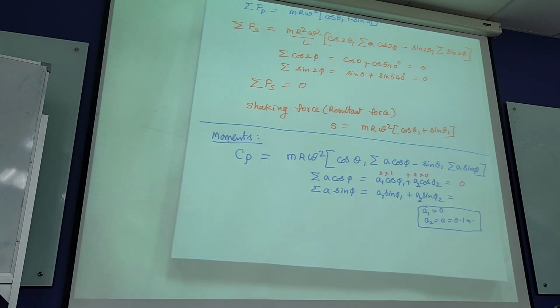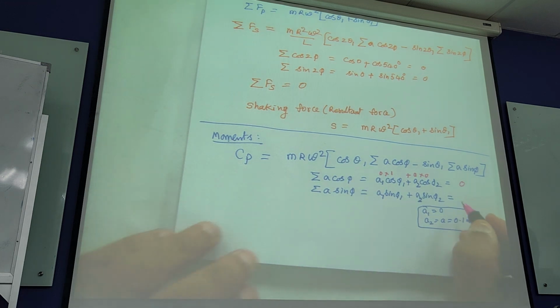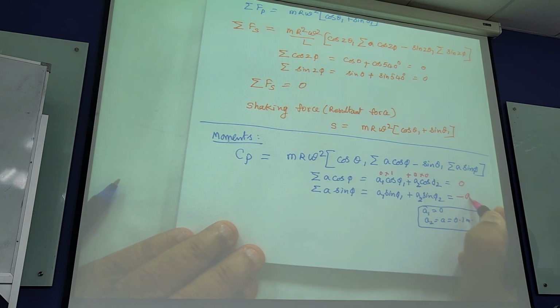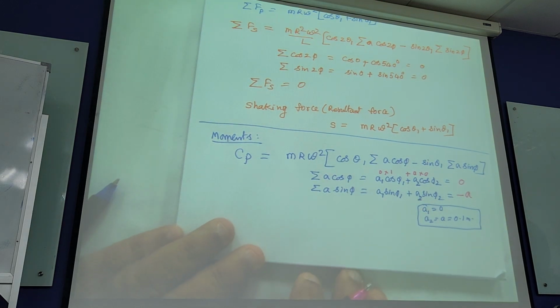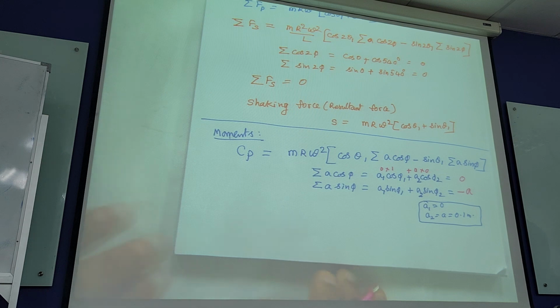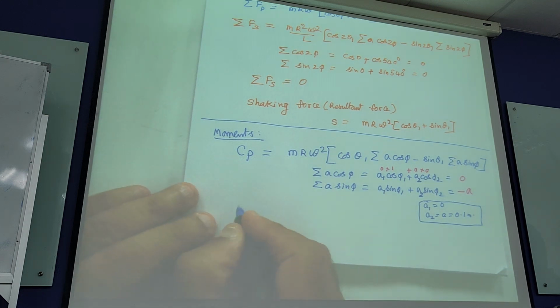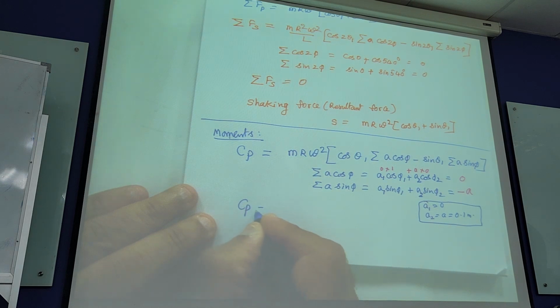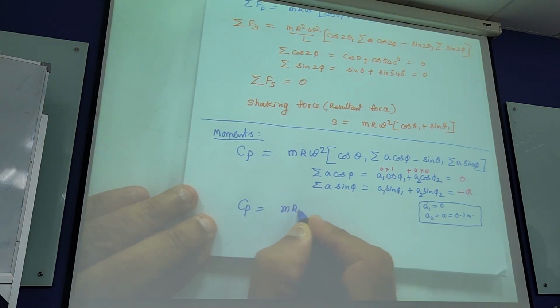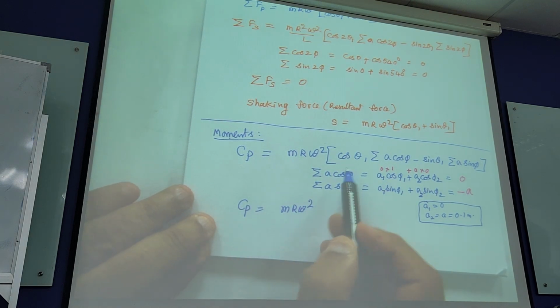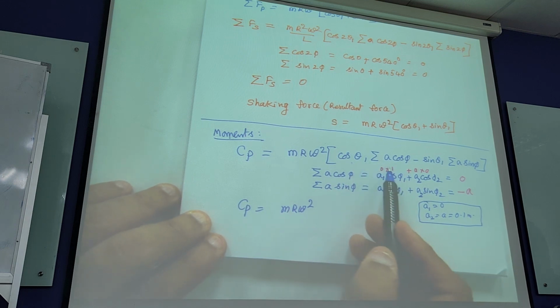So the second one will be negative A. Now you can write Cp, the primary moment, as mr omega square, cos theta 1 into 0.